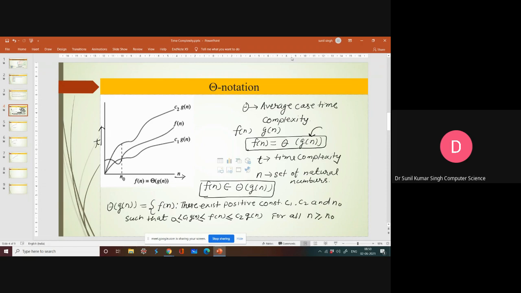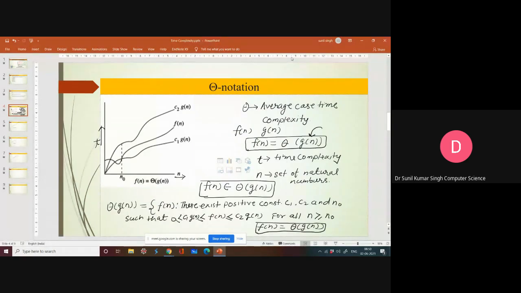So if theta g(n) is going to hold this condition for the function f(n), then we can write that f(n) is equal to theta of g of n.